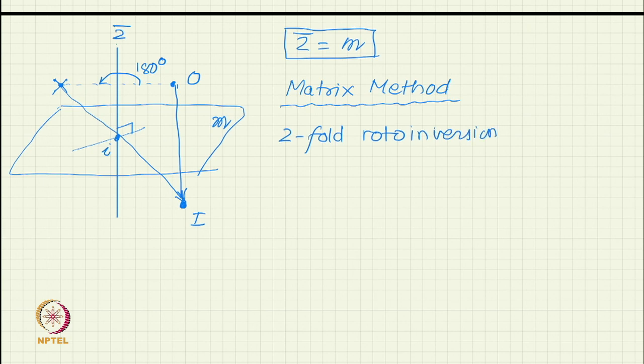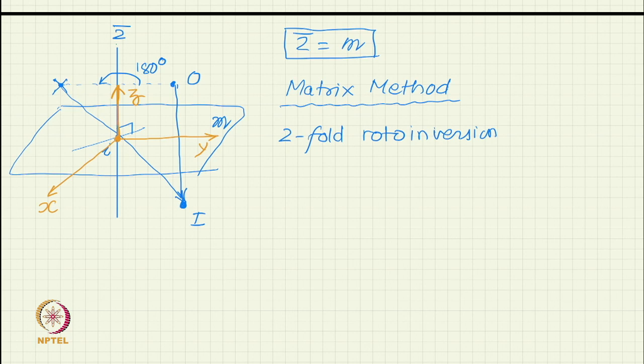So let us select the I itself as our origin. So, I is the origin, and let us choose x and y axes in the plane perpendicular to the axis and z parallel to the axis. This is the requirement, and this is the limitation of matrix method, because in matrix method, matrix is always with reference to some axis.